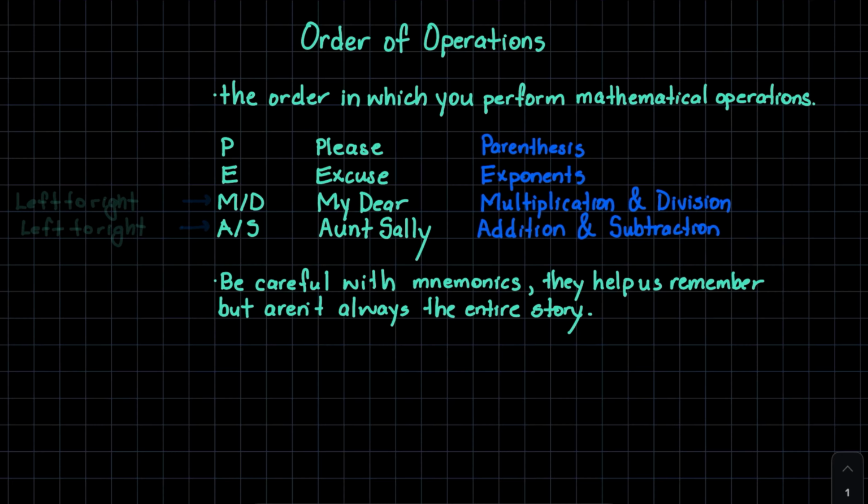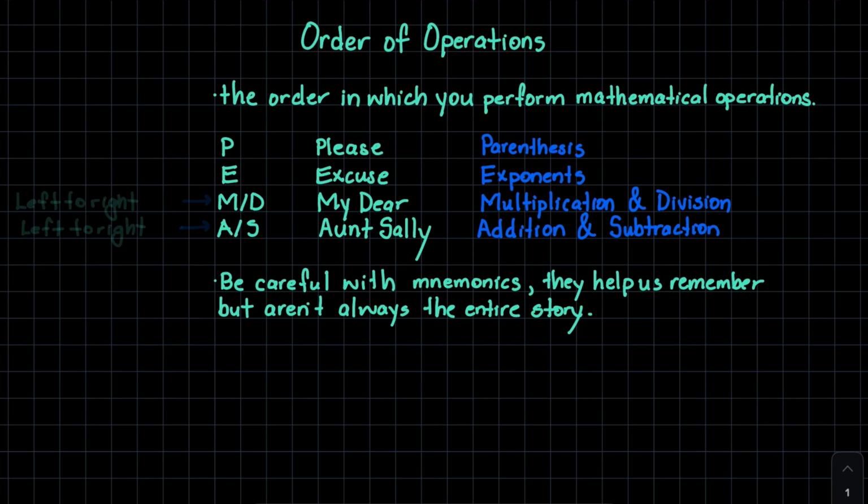So there are rules that have to be followed so that we all reach the same answer in the end. One of those sets of rules is order of operations. That means when you have an expression that has multiple operations, they need to be performed in a certain order so that you're arriving at the correct answer.